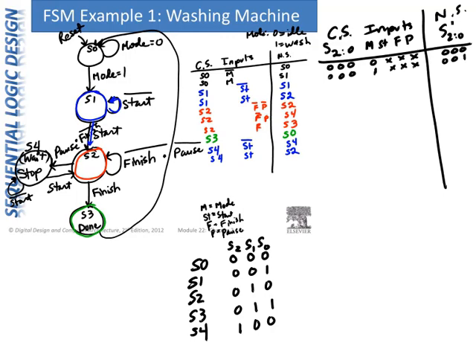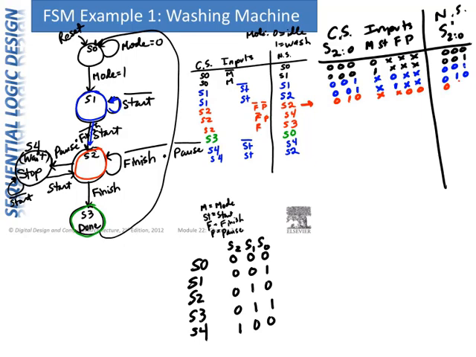Next line, we have S1. ST is 0. Everything else is don't care. You should go back to S1. If the current state is S1 and ST is 1, everything else is a don't care, you should go to state 2. Next line here. If we're in state 2, so 0, 1, 0, F is low and P is low, everything else is don't care.